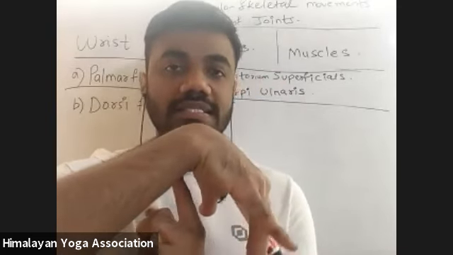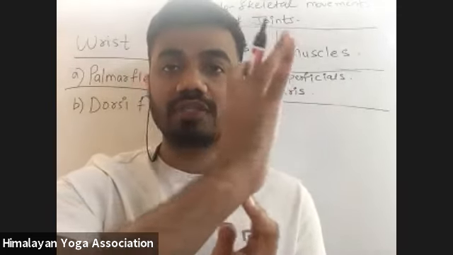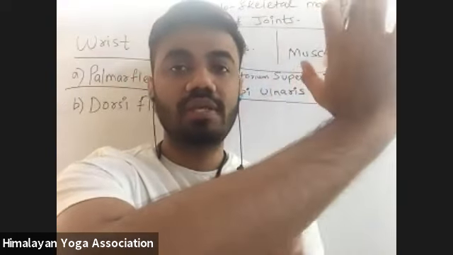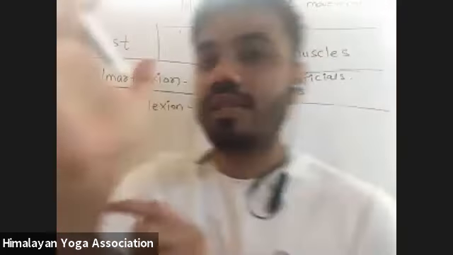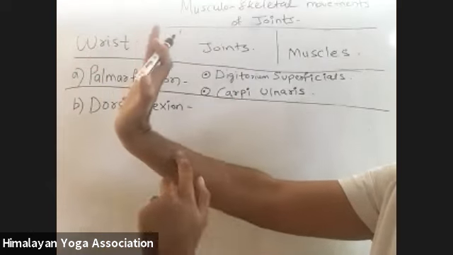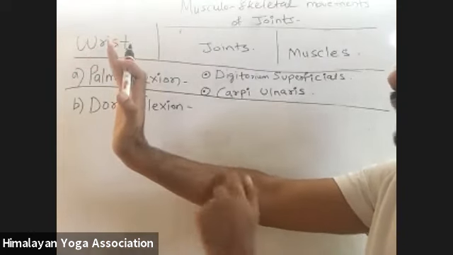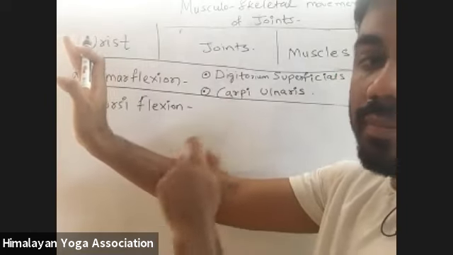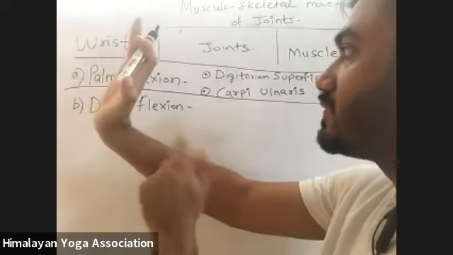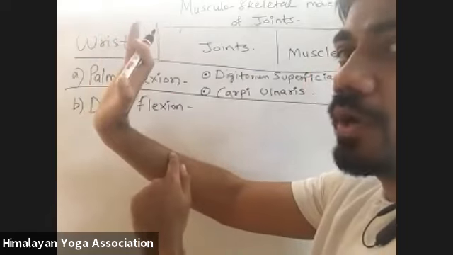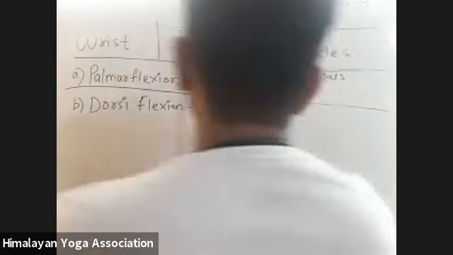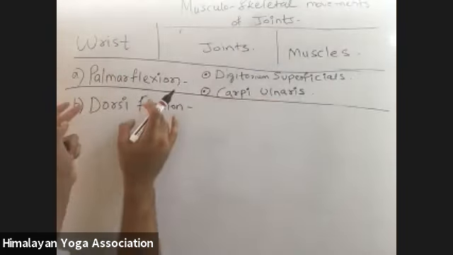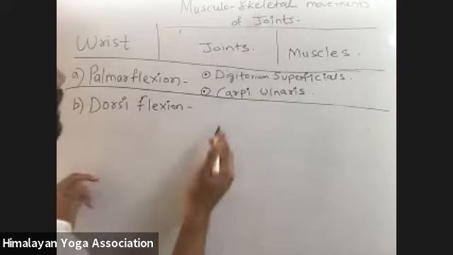Similarly, if we do dorsiflexion, you will see this section gets engaged more. That is your radius bone. That means your carpi radialis muscles will get engaged and contract more, helping your wrist with the dorsiflexion.